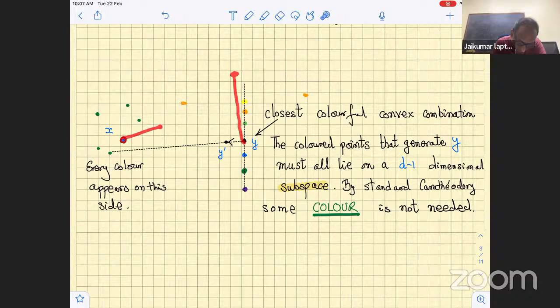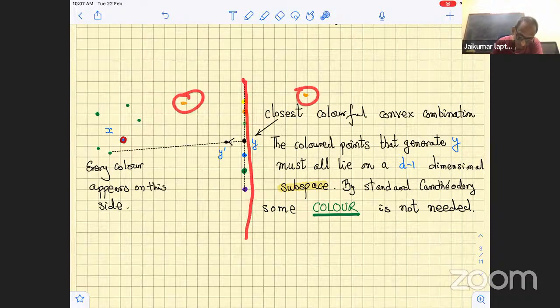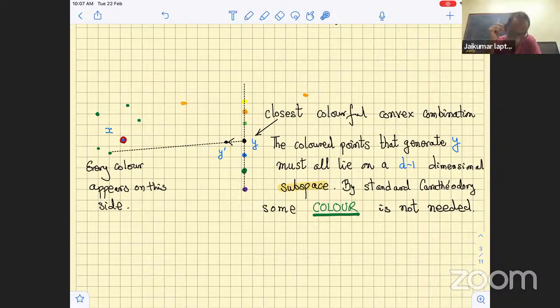If I drop the perpendicular on that line, that will be the closest point, and that will be closer than this hyperplane. You can check. So it can't be on this side, it can't be on that side. So all the points that generate Y are living on this hyperplane. Is this clear? Okay.